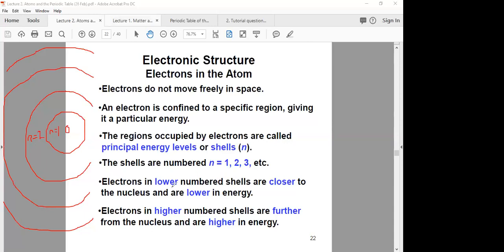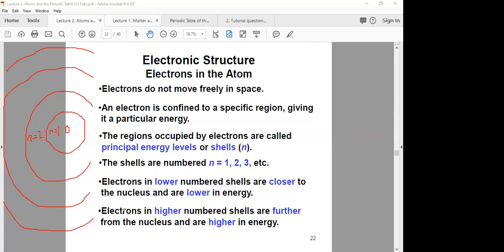Now, the electrons that are found in the lower numbered shells, so for example, N equals 1, they're closer to the nucleus, and those electrons tend to be held or bound tightly to the positively charged protons within the nucleus. So because they're held more tightly, they tend to be lower in energy.